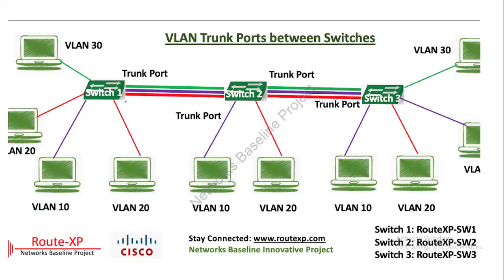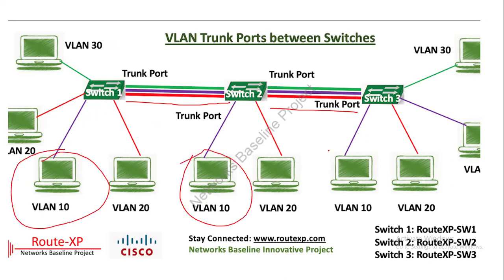You can see switch 1, switch 2, switch 3. If it is VLAN 10, VLAN 10, VLAN 10, and you are configuring VLAN 10 in that switch, you don't need to configure switch 2 and switch 3.